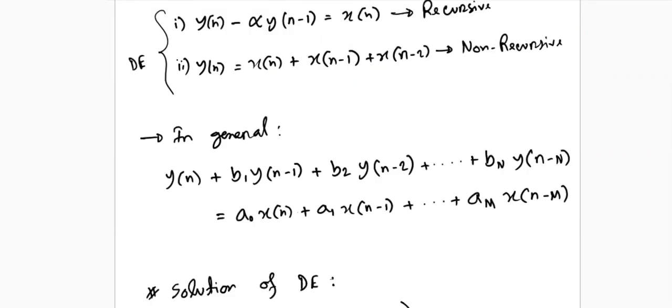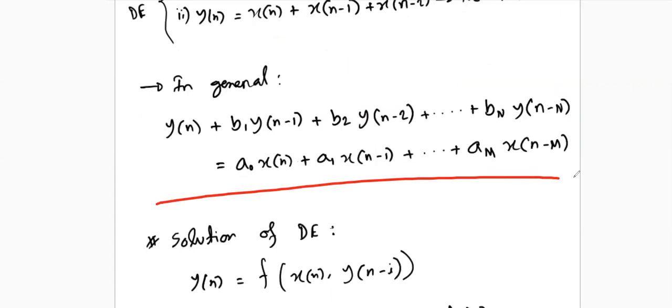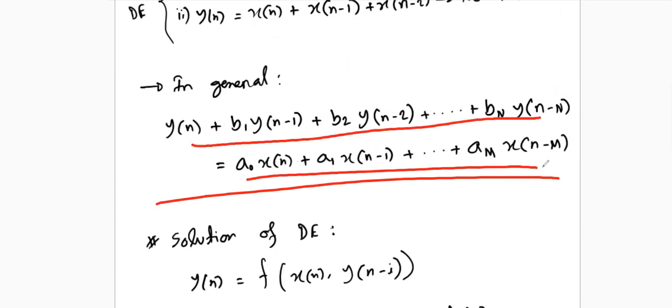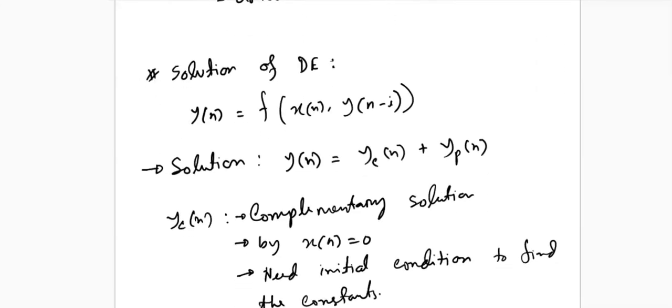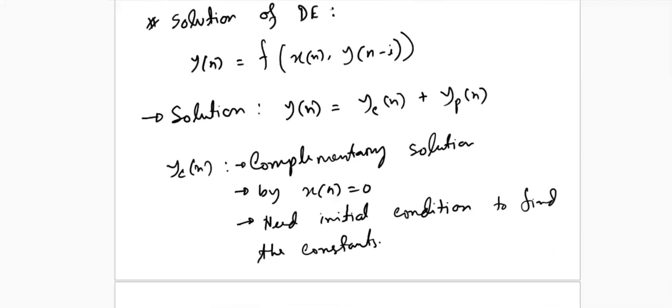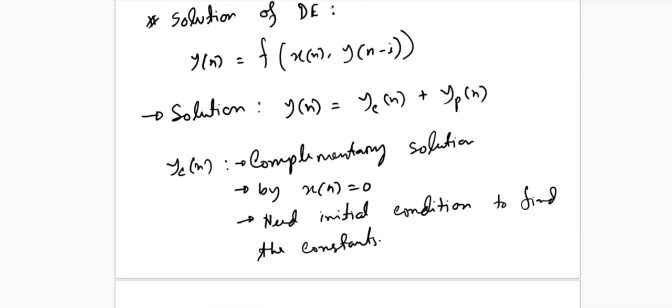In general, we can write it like this. Of course, we have a lot of initial conditions and a lot of input values. Solution of difference equation. This is the process. First of all, we'll explain, and then we'll give you a particular example.